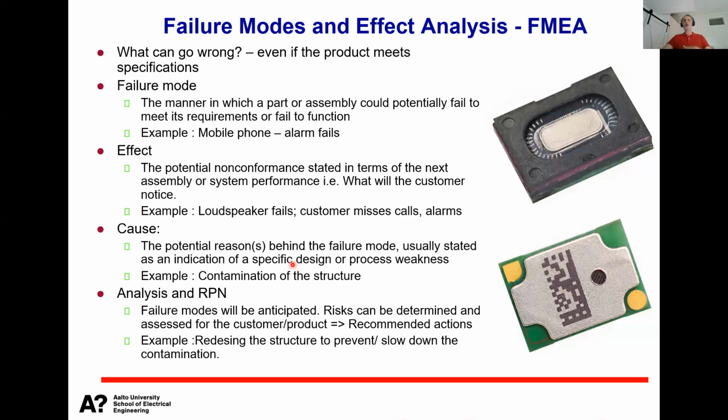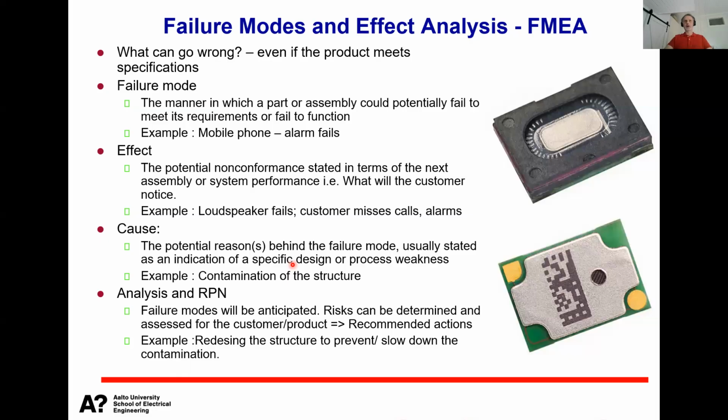So now I would like to go through, as an example, the process, which steps a typical FMEA contains, and this is also the same thing which you then need to do in your assignment.